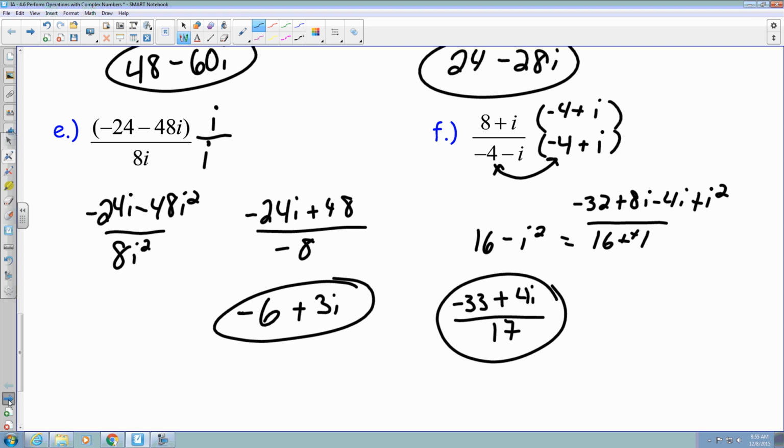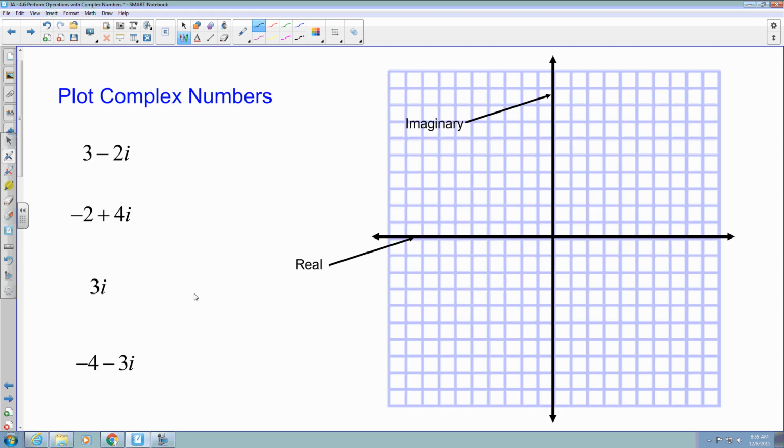If we look at the next page, you can plot complex numbers. Now, the graph we have on the right here, we've known for a while is an XY coordinate plane. Well, when you're dealing with real numbers and complex numbers, anything on the x-axis, so to speak, is considered real numbers, and anything on the y-axis is considered imaginary numbers.